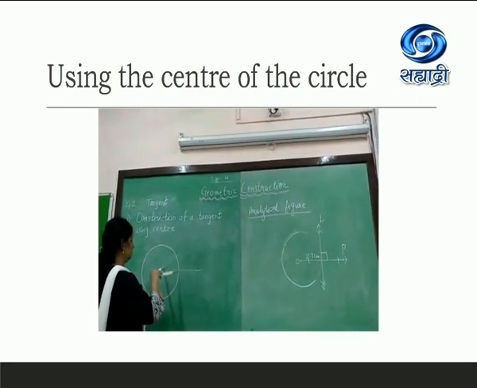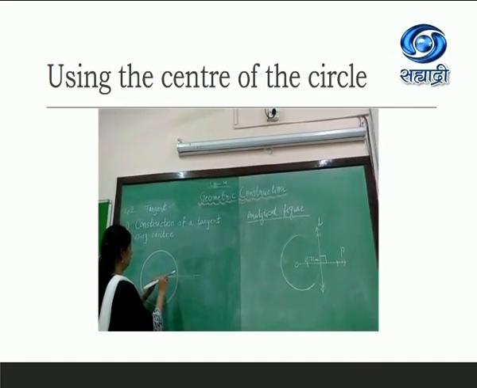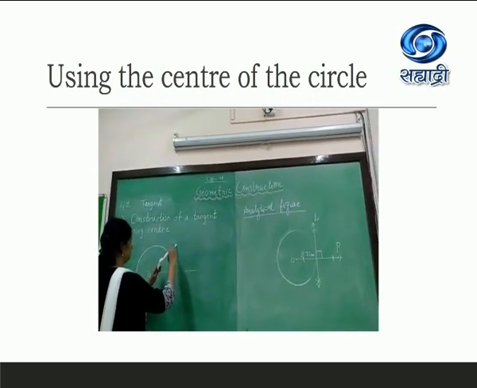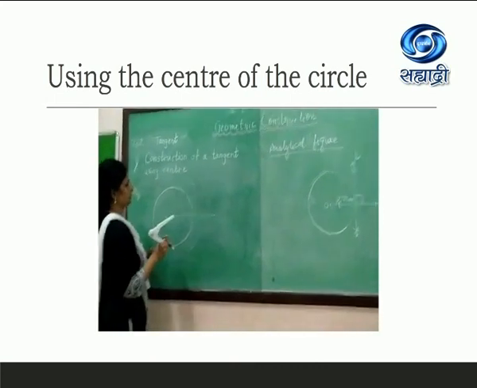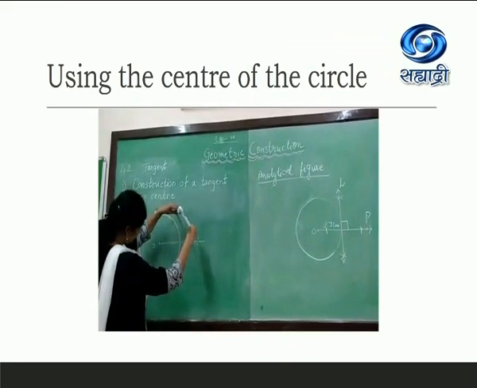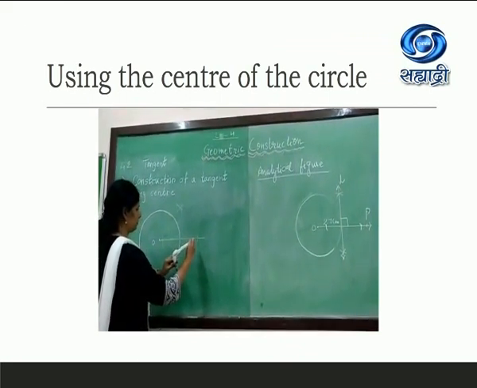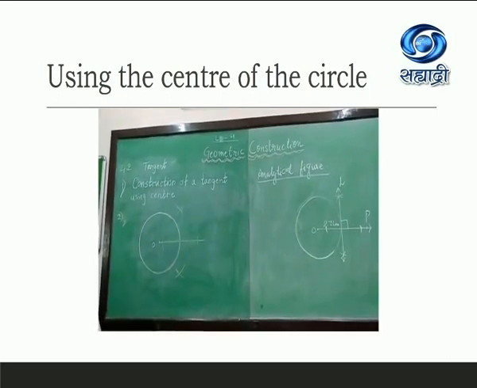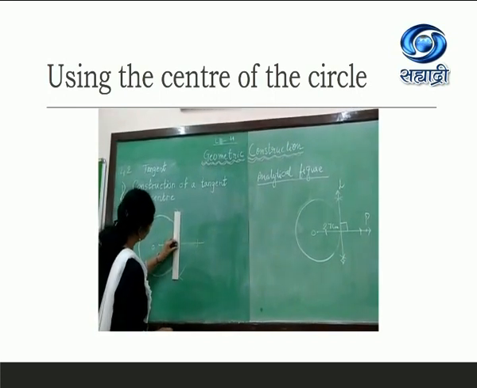Now first you are supposed to draw a perpendicular. For that, keep the pointer on the circle, draw two arcs of equal measures on the ray. Keeping the pointer at one side, draw two arcs on either side of the ray. Keep the pointer on the other point on the ray, draw two arcs. You will get 2 points of intersection on either side of that ray OP.